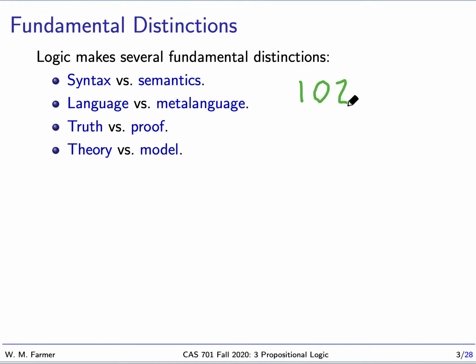The next fundamental distinction is language versus meta-language. So suppose we have a language, and this language we call L. We can use this language to talk about whatever it's designed to be talked about.